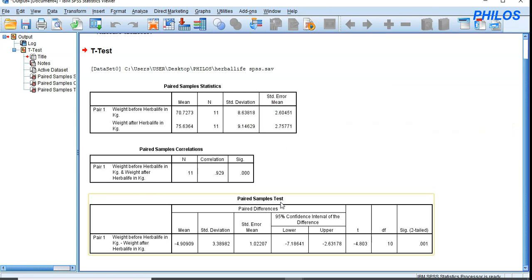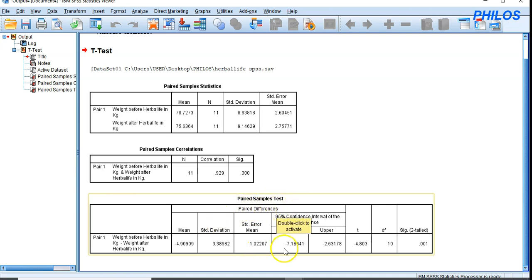Now, at the end of the day, our decision will be to either reject or not to reject the null hypothesis. And if we reject the null hypothesis, it means that we are supporting the alternate hypothesis. But if we do not reject the null hypothesis, it means we are going for the null hypothesis. So to do that, let's come to the paired samples t-test.